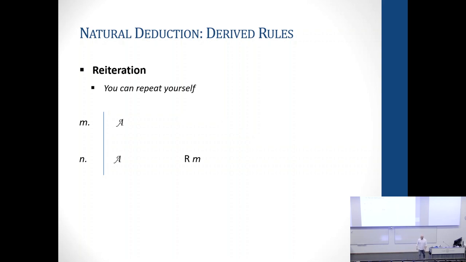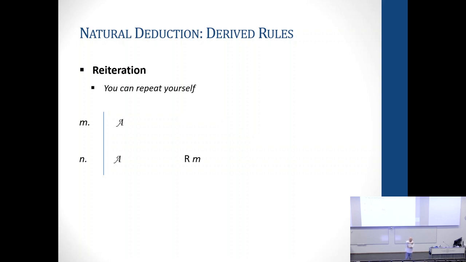Yes? Can we reiterate subproofs? Nice. So no. Reiteration only lets you repeat individual lines. And importantly, if one of the lines that you're trying to reiterate appears in a subproof you've closed, you can't, because that rule always trumps. Whatever's going on inside a subproof, if we've moved out of it, all of those lines are gone.